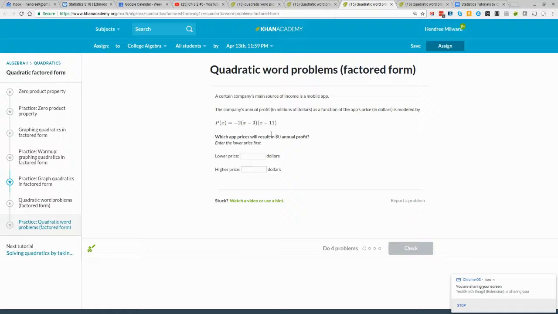Again, if something's 0, it's going to be one of the intercepts, either the x-intercepts or the y-intercept. Here you have to figure out, is this 0 an x thing or a y thing? We're told that the profit is 0. The profit's the y. The x is the price you're charging for the application.